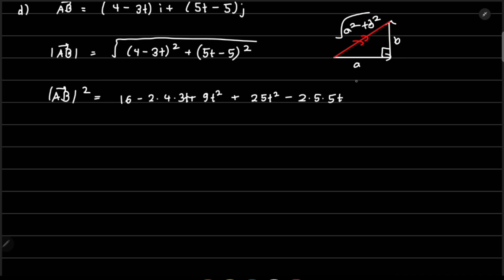This will be a 3t as well, plus 25. This expression comes out to be 34t squared minus 74t plus 41.